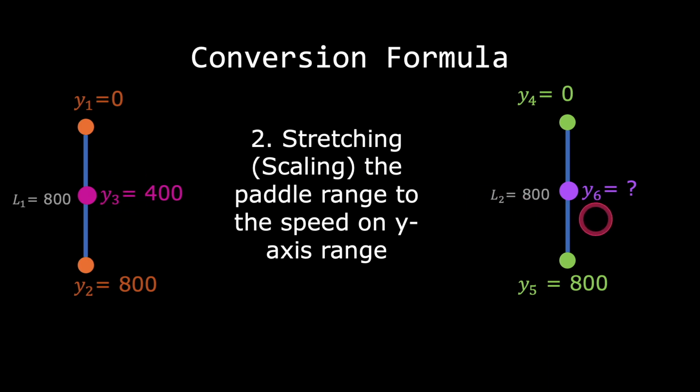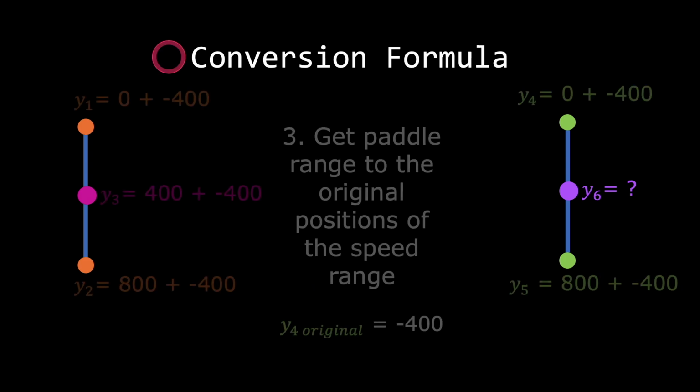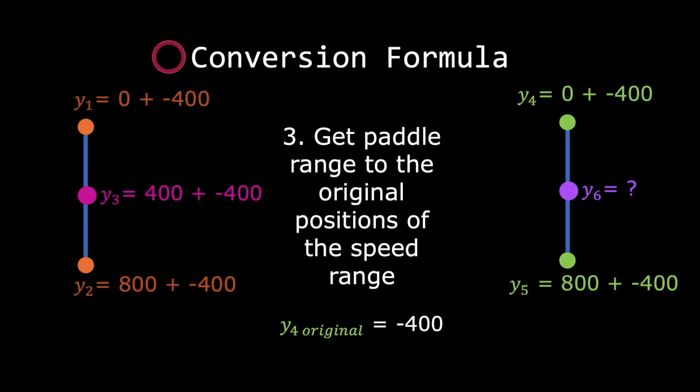However, we need to get back to the original range that we had at the beginning, which was negative 400 through positive 400. And that's actually quite simple. All we have to do is subtract our old range by the original value of y4, which was negative 400.